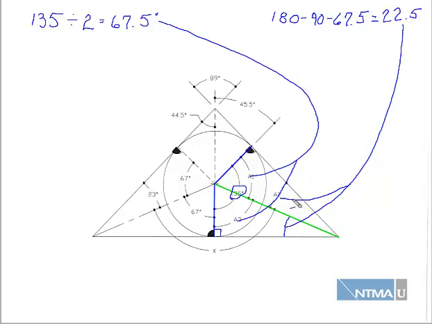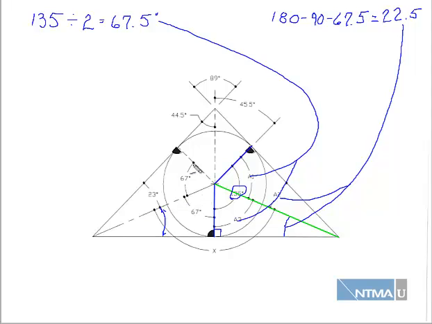22.5, 22.5. Okay, so if that's 22.5, and that's 22.5, and this is 23, and they share the same plane, everything's the same on this piece over here that you see over here, meaning we have two sides that are the exact same size, and they share the same plane.